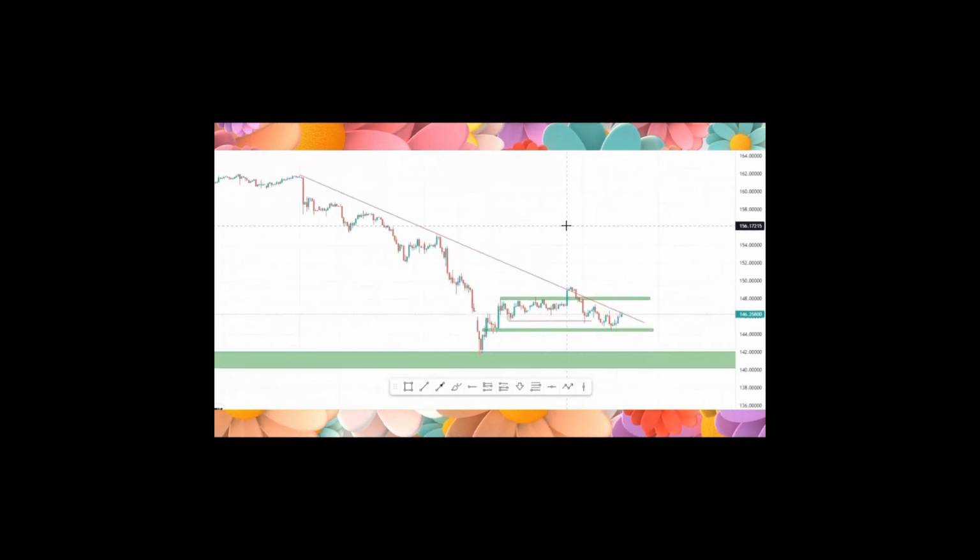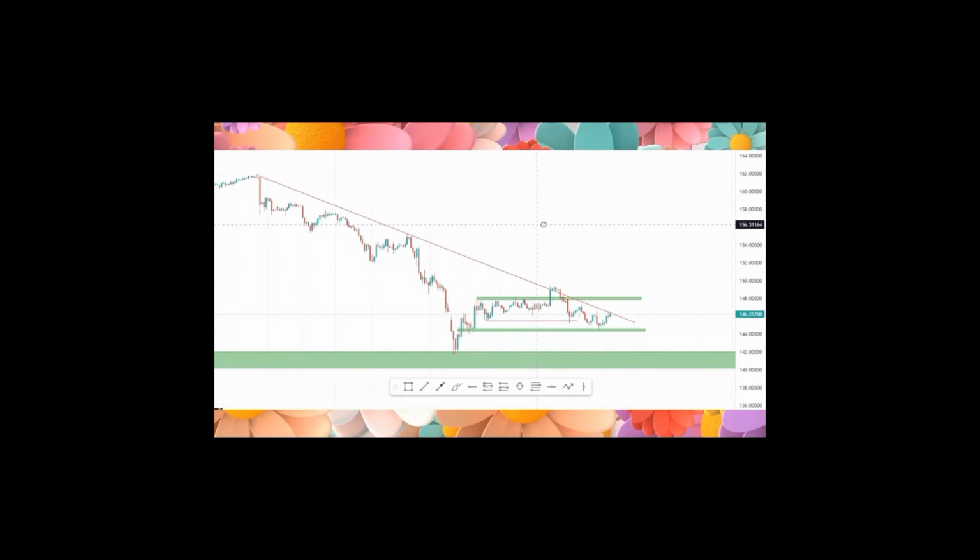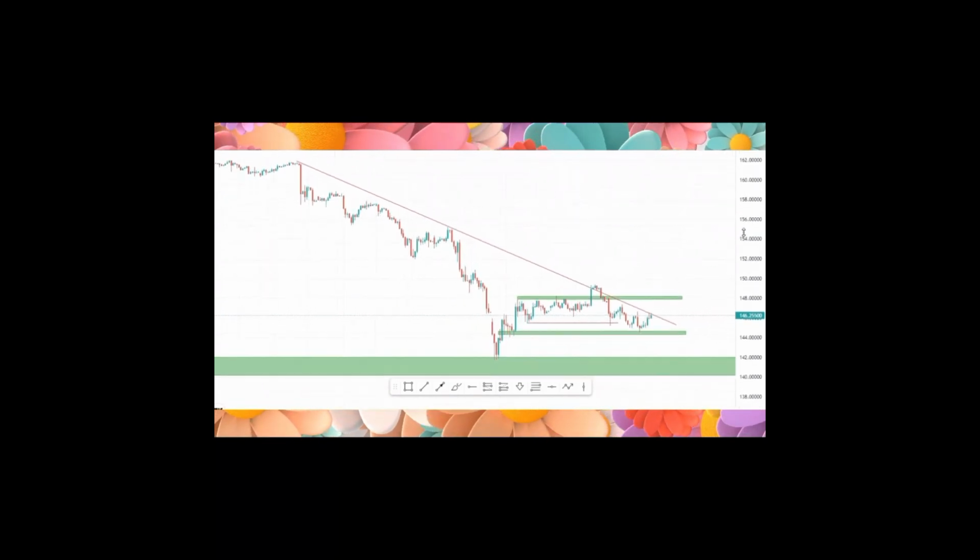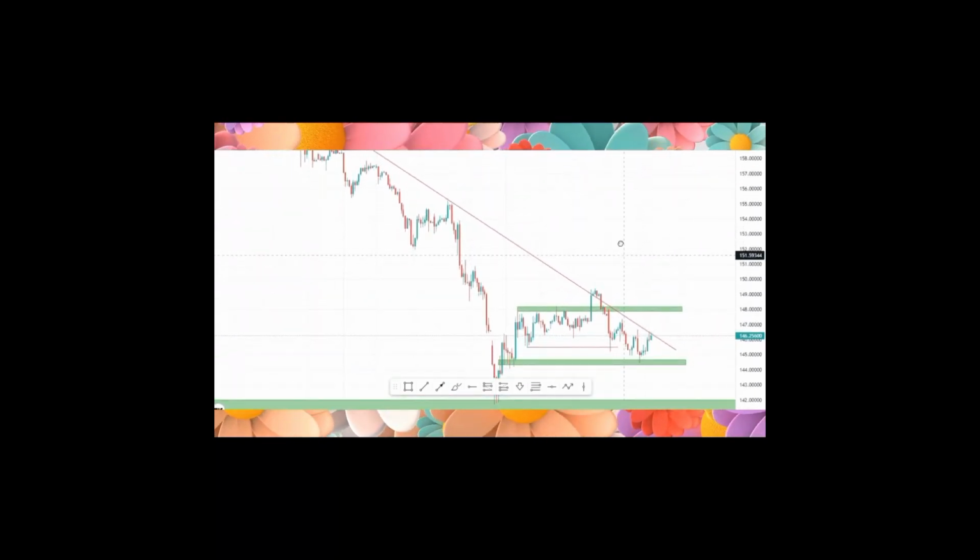You can check the previous ones where the market tapped on the trend line. So the probability of the market coming to the zone a second time is very high. It's very high.